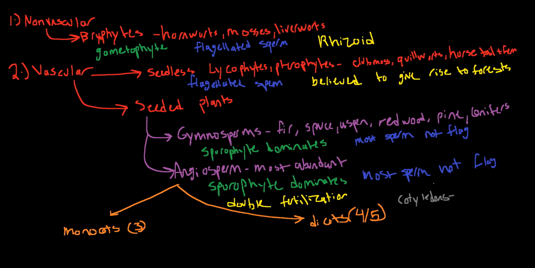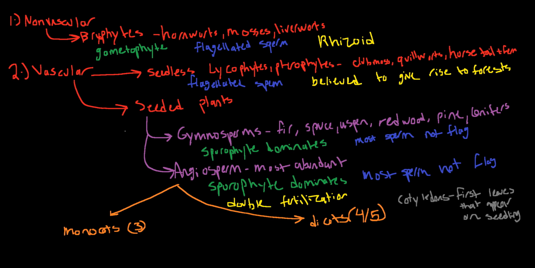Basically, this is the number of first leaves that appear on the seedling. Here we have 3 that appear on the seedling, so whenever 3 appear, we have a monocot. Whenever 4 or 5 appear, we have a dicot.